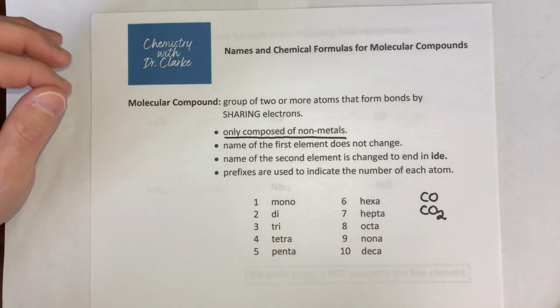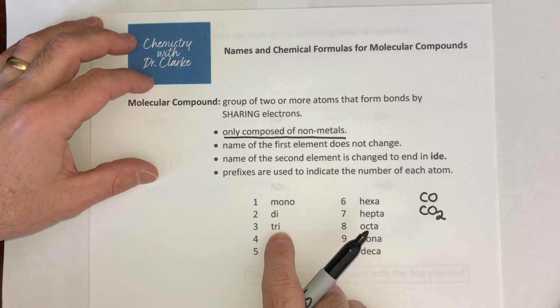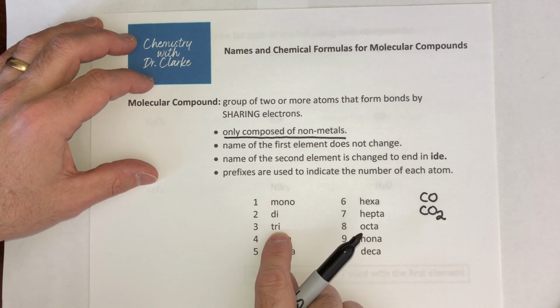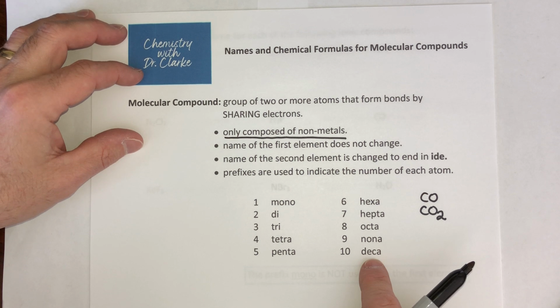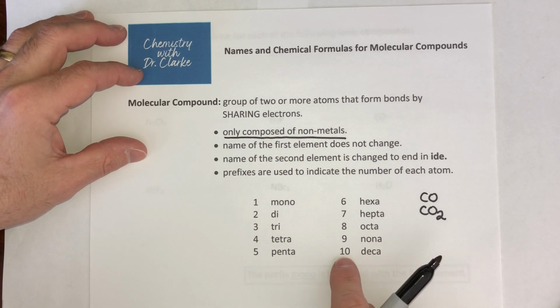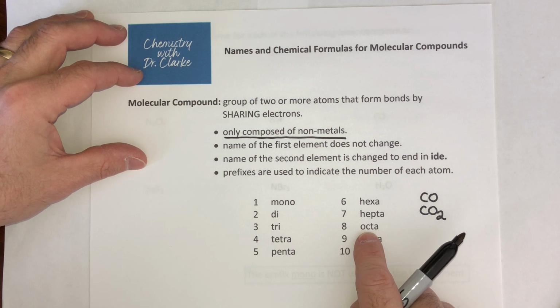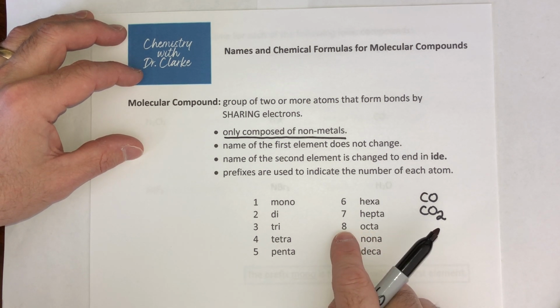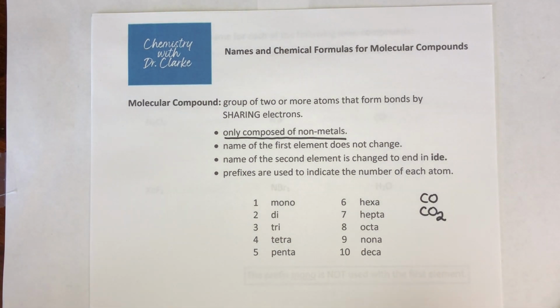Now, some of them are going to be easy, like 3 and tri. Think tricycle, right? A tricycle has 3 wheels. Or deca, a decade. If you have a decade, that's 10 years. Octa, like an octopus. An octopus has 8 tentacles. So some of them you will remember.